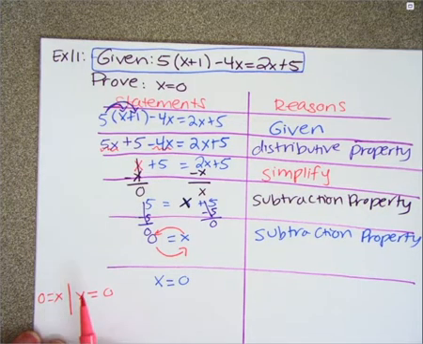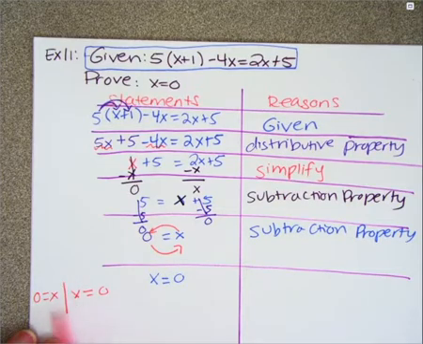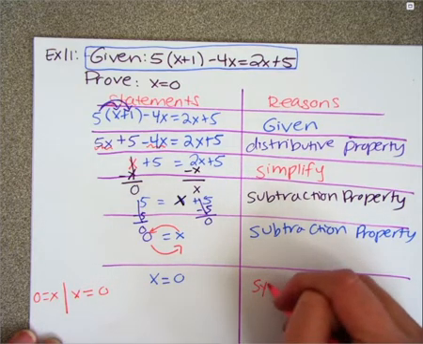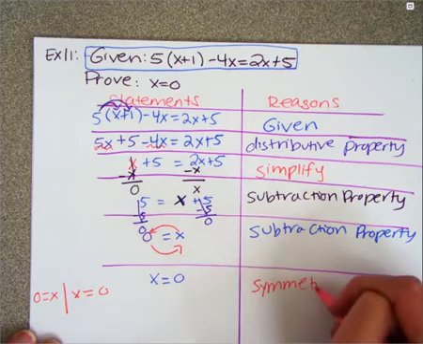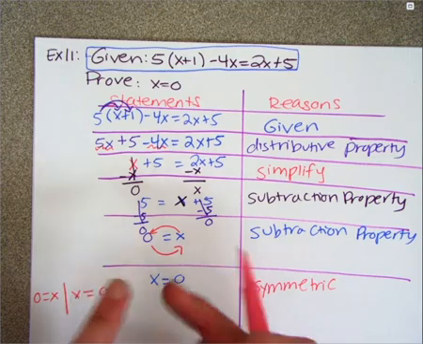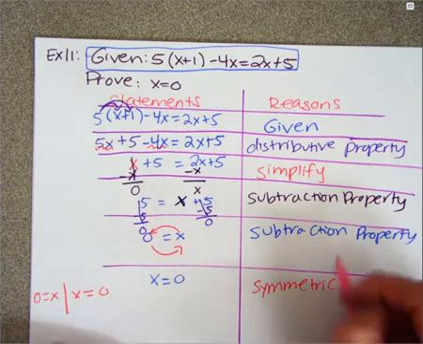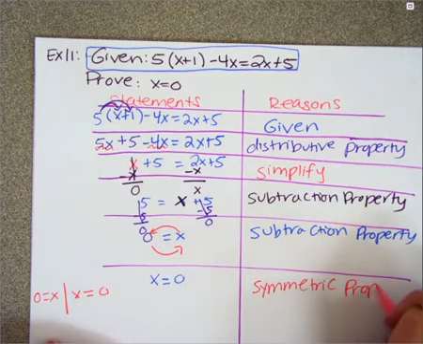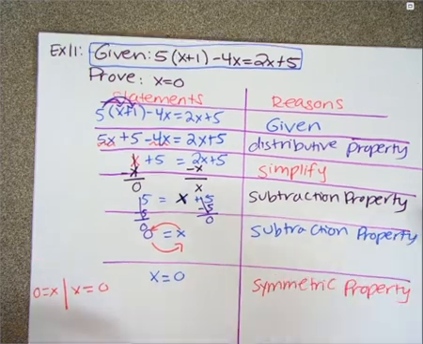What is that property called? You're correct, it is the symmetric property. The symmetric property allows you to reverse an equation, like it spins around the equal sign. This is the symmetric property of equality.